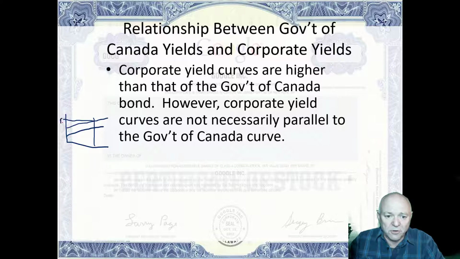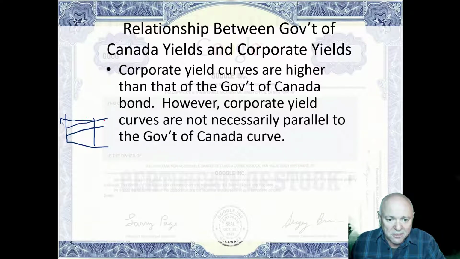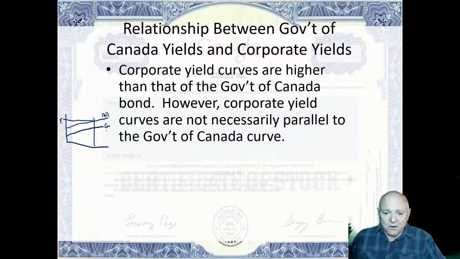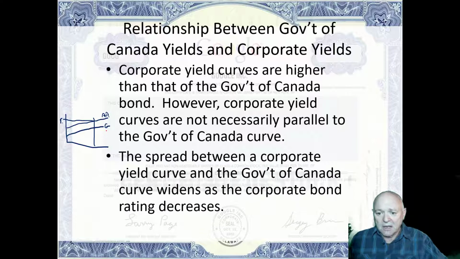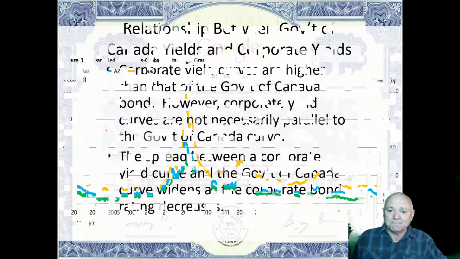So the rate of return, the interest rate, for say our AA rated bond would be higher than for the government bond. They're not necessarily parallel. They may vary across time, especially depending on the difference in the risk and things like reinvestment risk. And typically the spread is going to widen over time because of the increased uncertainty of the default risk for that particular class of company.